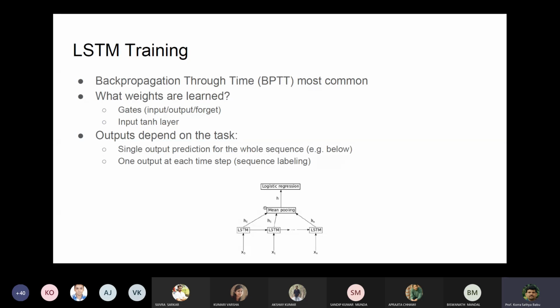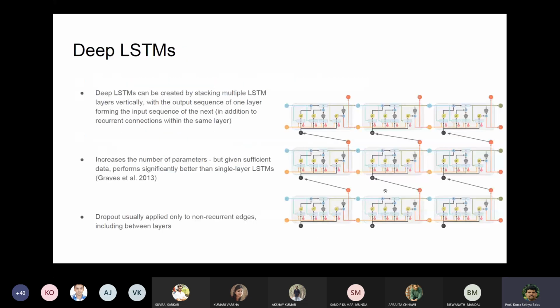Then there are deep LSTMs. Deep long short term memories can be created by stacking multiple LSTM layers vertically. You see here one LSTM stacked on another, stacked on another, with the output sequence of one layer forming the input sequence for the next layer, in addition to the recurrent connections within the same layer.